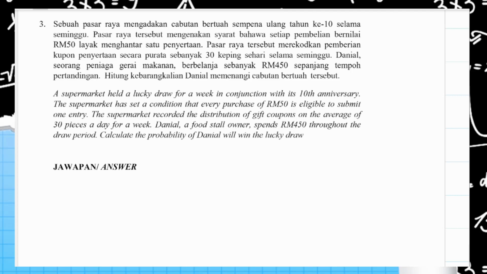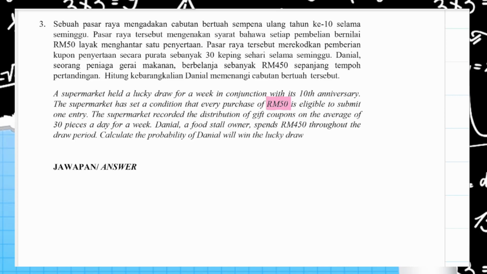Okay. So question 3. A supermarket held a lucky draw for a week in conjunction with its 10th anniversary. The supermarket has set a condition that every purchase of RM50 is eligible to submit one entry.